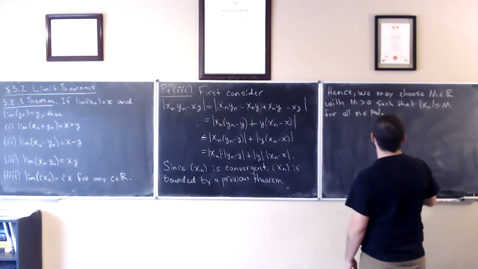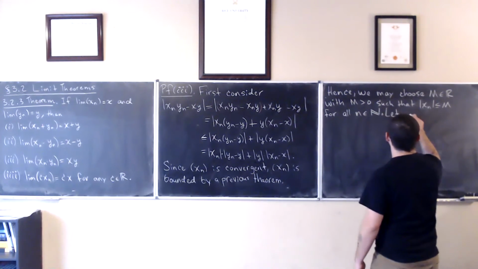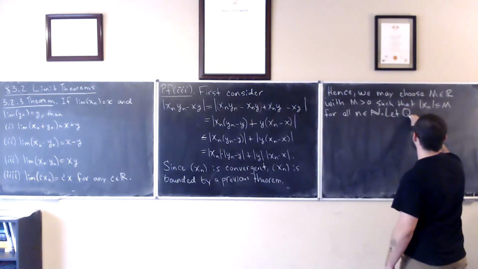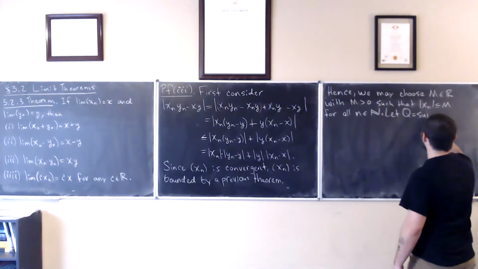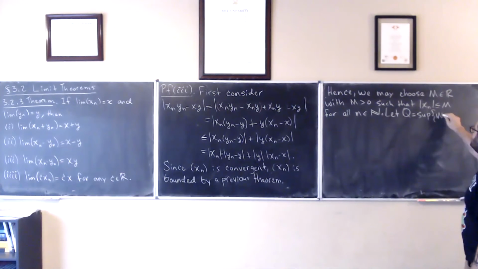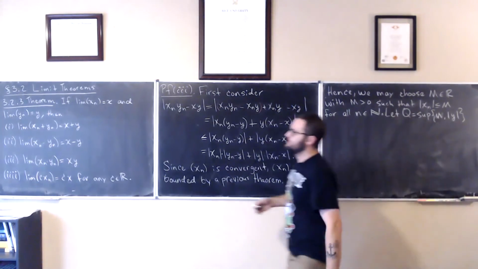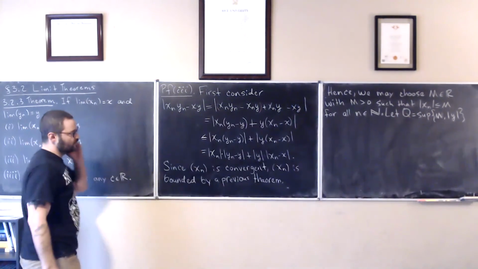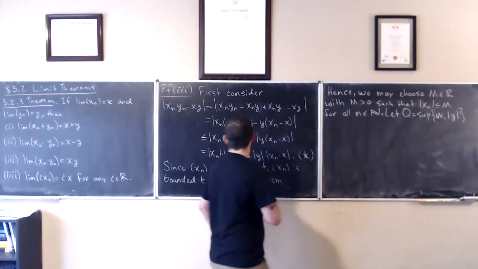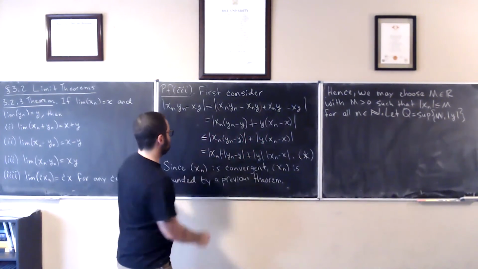Let Q be the maximum or the supremum of M and Y. That's just a real number. That's like the limit of the sequence Yn. Okay. So then I'll call this equation star, that's at most this, right?